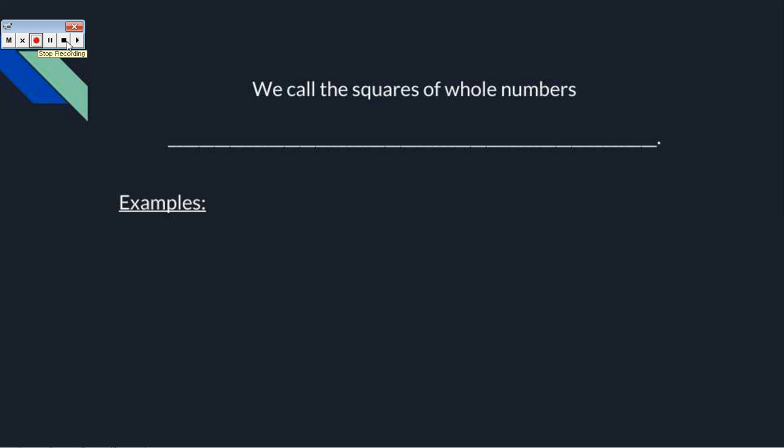You can find the square of any number, but we call the squares of whole numbers perfect squares. Remember that the whole numbers are the numbers that start at 0 and go 0, 1, 2, 3, etc. They do not include fractions, decimals, or negatives.